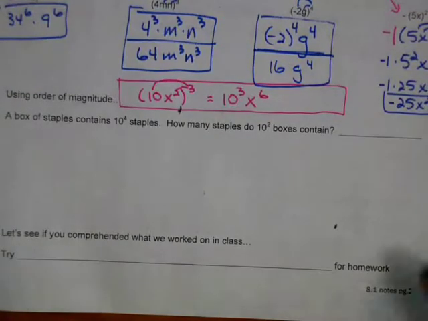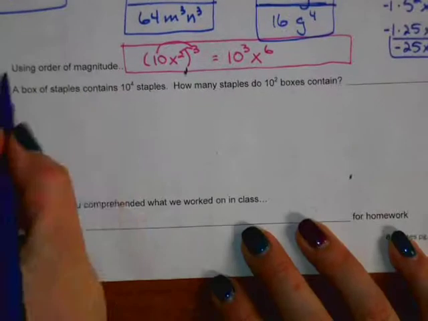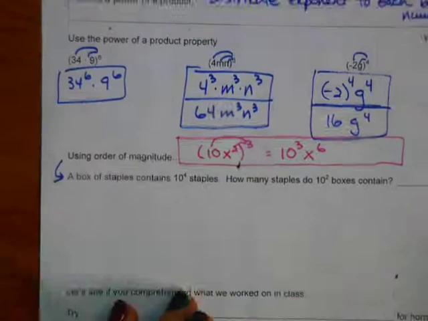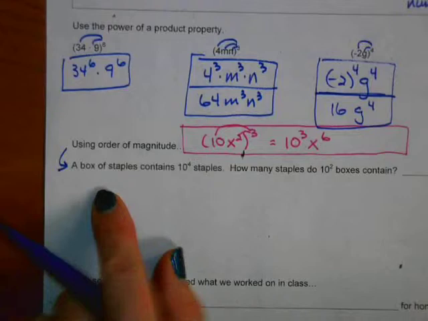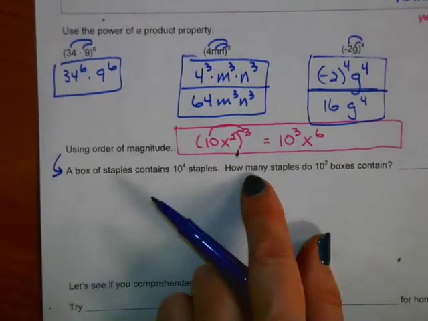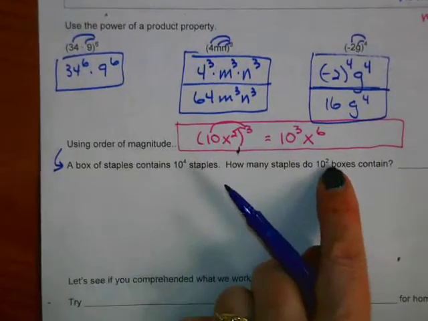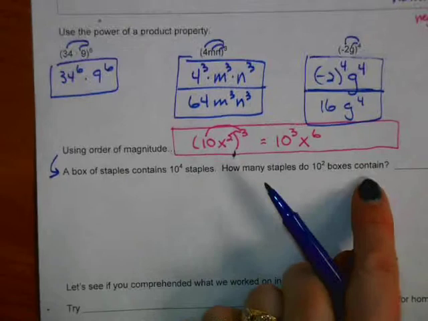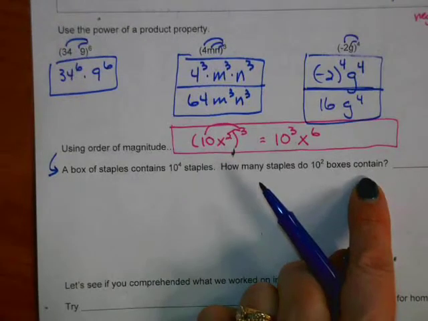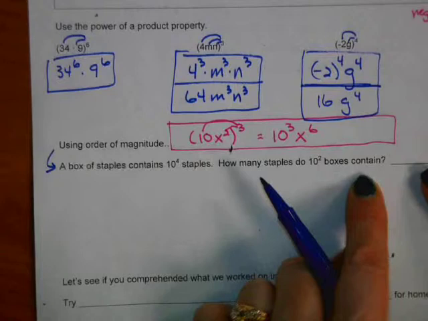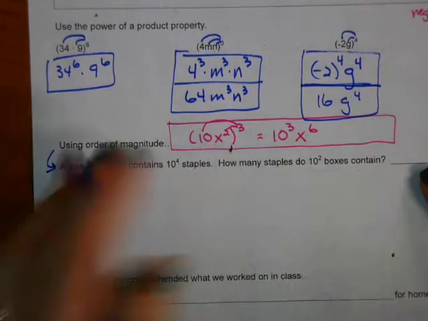All right, order of magnitude. Let's use order of magnitude here and then we'll be done. A box of staples contains 10 to the 4 staples. How many staples do 10 squared boxes contain? And you may say, oh, that's really confusing. But it's not. Think of it this way. If you have a box, I'm ignoring these numbers.